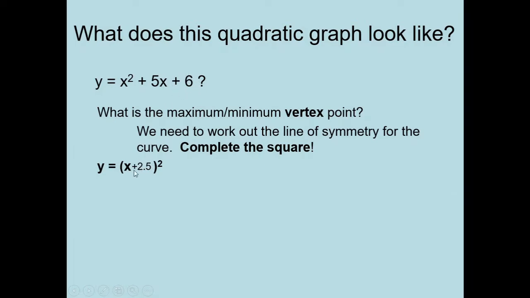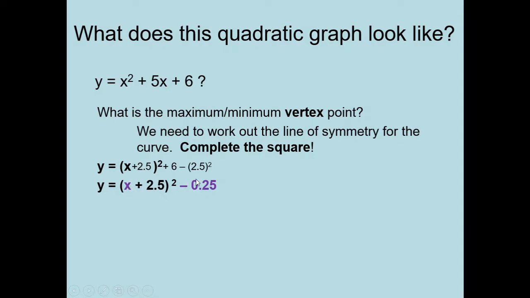But we're going to get something extra by squaring this bracket. We're going to get 2.5 squared. We don't want that. So plus 6, but minus the 2.5 squared. Let's simplify that. That's going to give us y equals (x plus 2.5) squared. That's my completed square. And out here, this ends up being -0.25 by doing 6 minus the 2.5 squared.